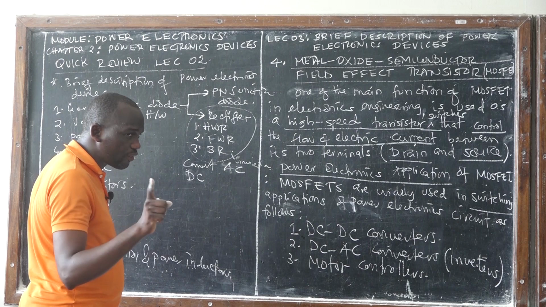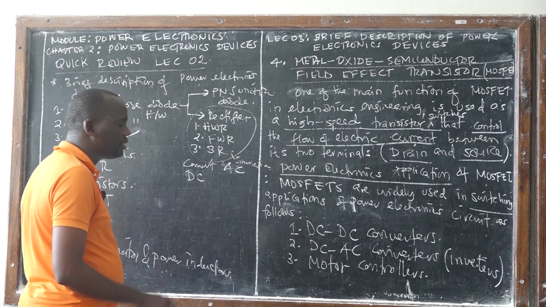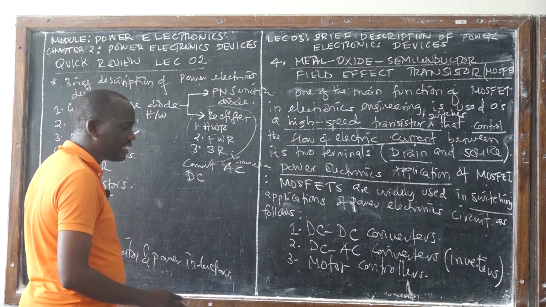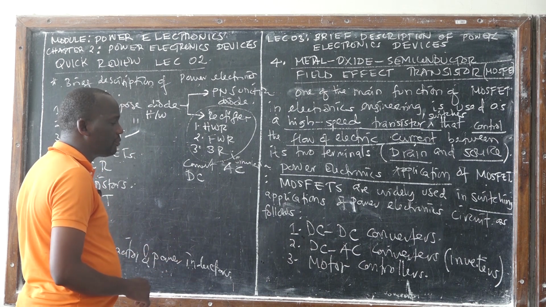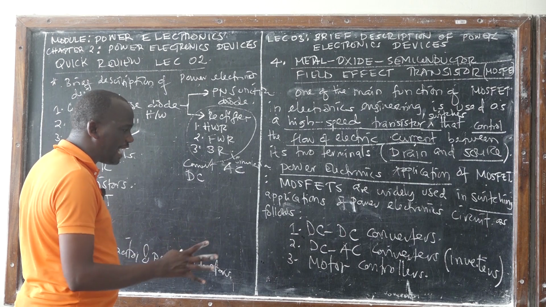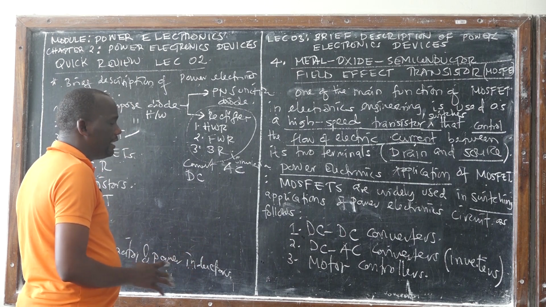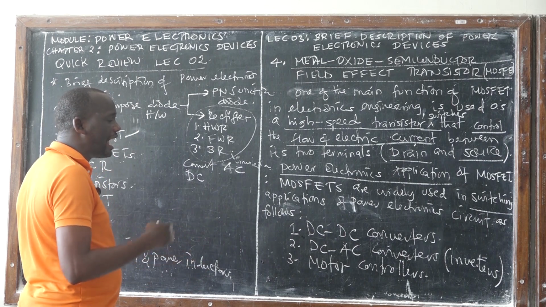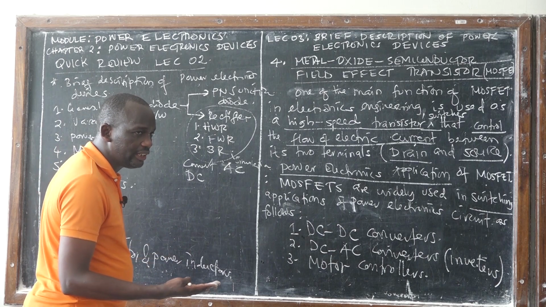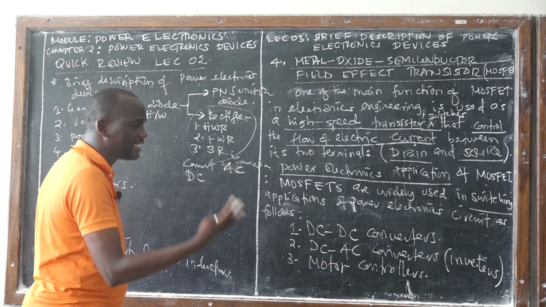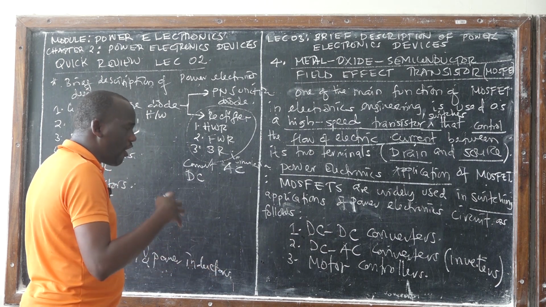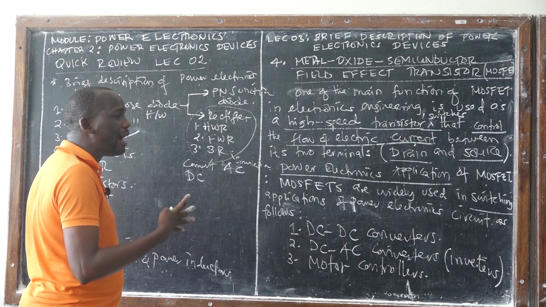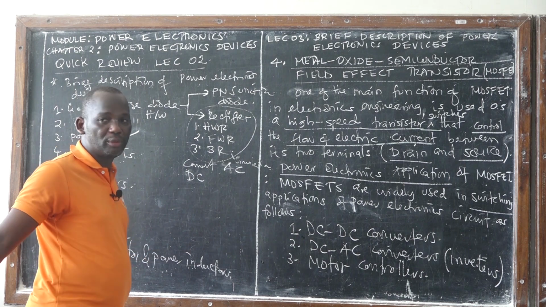Let me repeat. In DC to DC converters, in DC to AC converters or inverters, and in motor controllers, there are some subsystems that need high speed of switching. That high speed switching of electric signals, in terms of pulses, can be performed effectively by a MOSFET rather than any other semiconductor device.